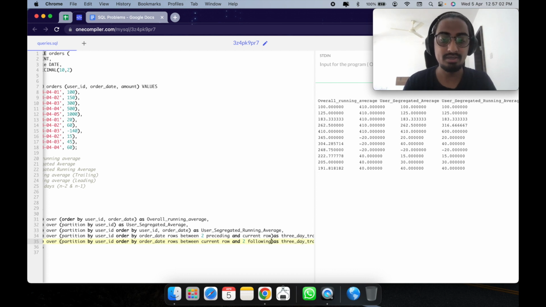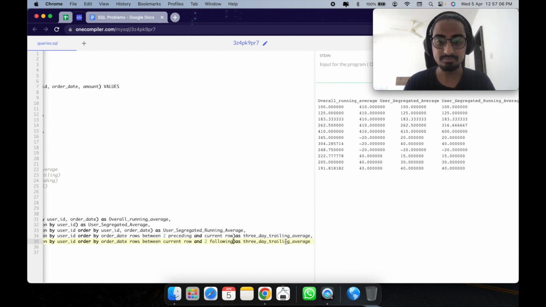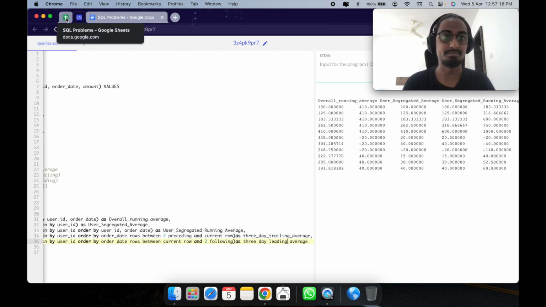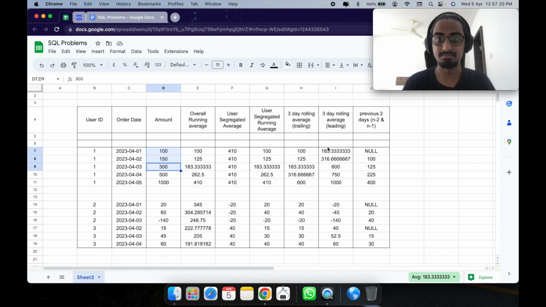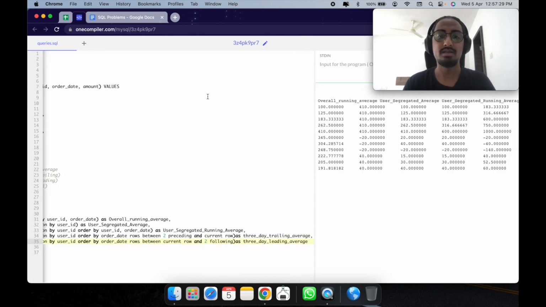What's going to happen is it's going to take the current row and the two succeeding rows and average them. So it's 183, 316, 600, 750. Yeah, it's perfectly matching. So this is the leading average, and the last one is the previous 2 days average.